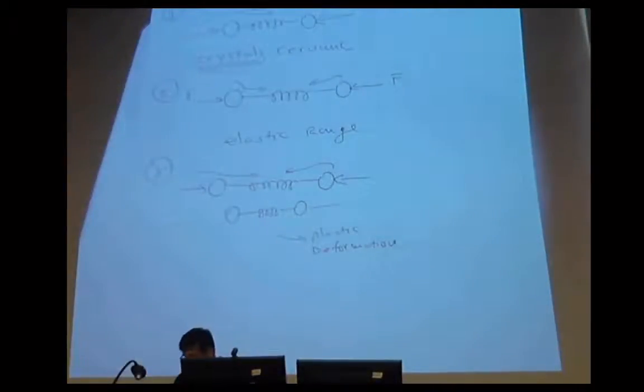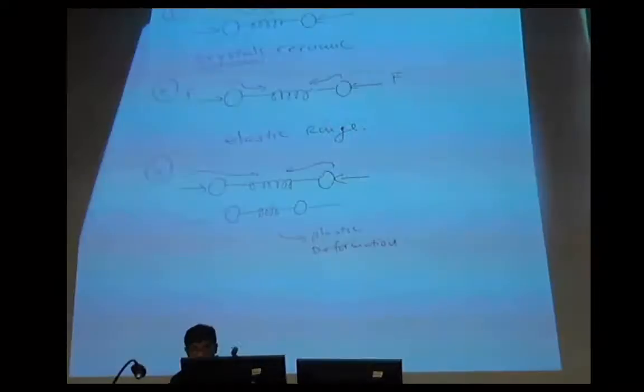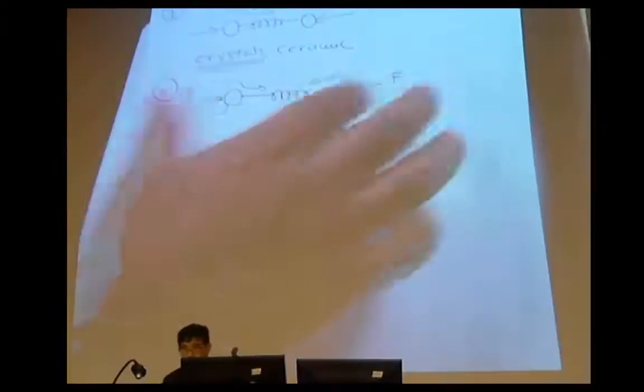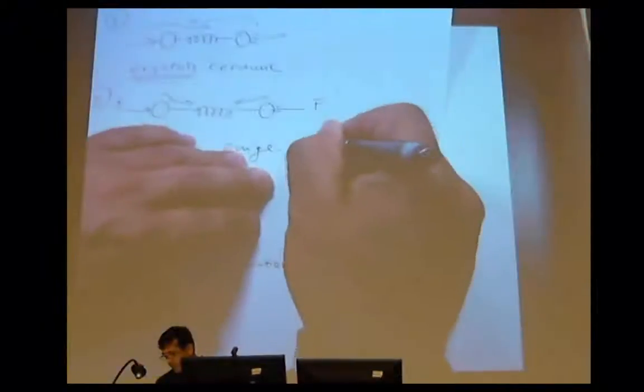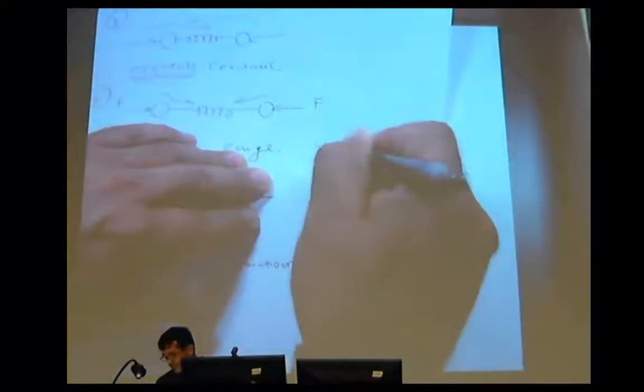I'm not sure whether we have said this before. In point number 2, the elastic range, I conveniently said within a limit, but I didn't say what limit this was. This is true up to 10% of strain.